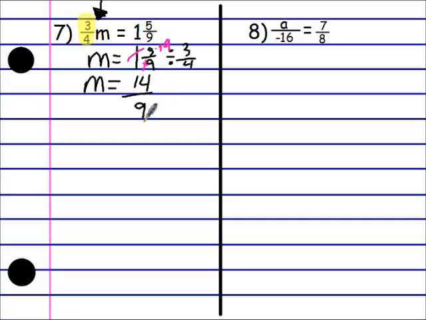Keep the denominator of 9, divided by 3/4. Now with dividing fractions, I keep, flip, and change. So I'm going to keep 14 over 9 as it is. I'm going to flip 3/4, so I now have 4/3. I'm going to change the division to multiplication.